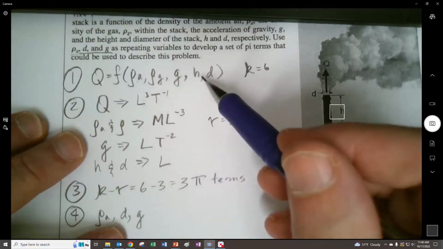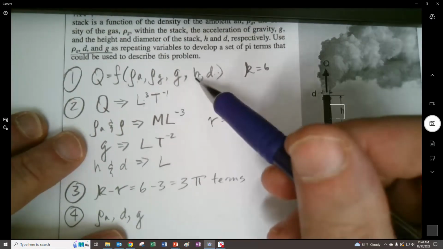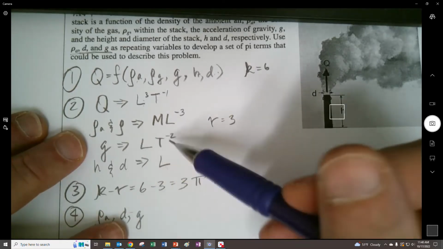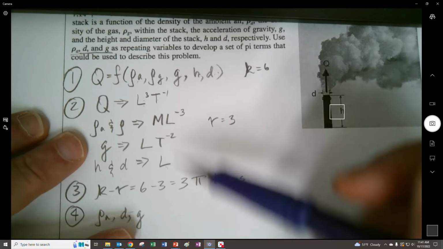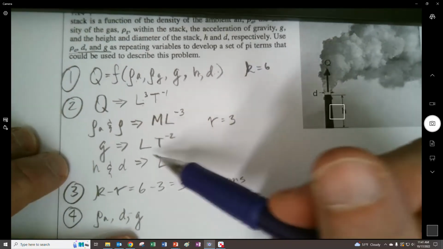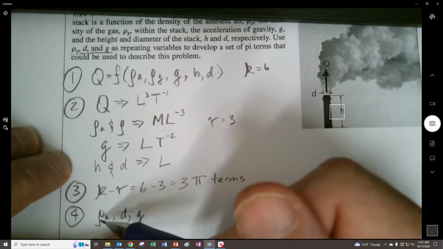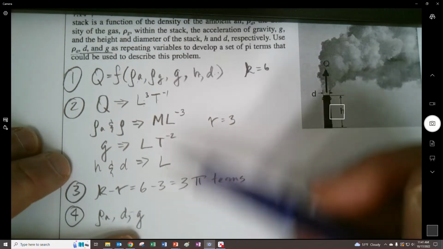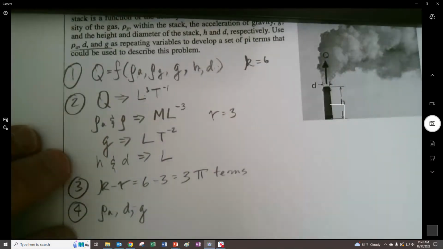We wouldn't have chosen both H and D because we already have a length represented by either one of them. But we could have chosen a height, maybe. Acceleration of gravity is a good one to pick because it incorporates some time in there. And we noticed that time wasn't represented by either one of these.